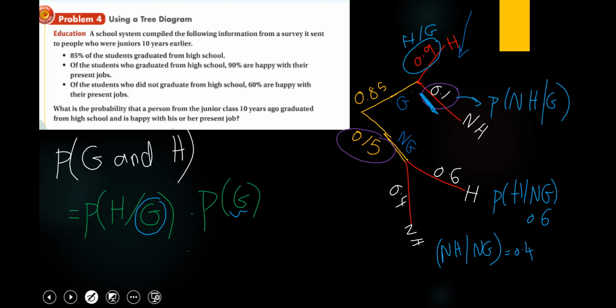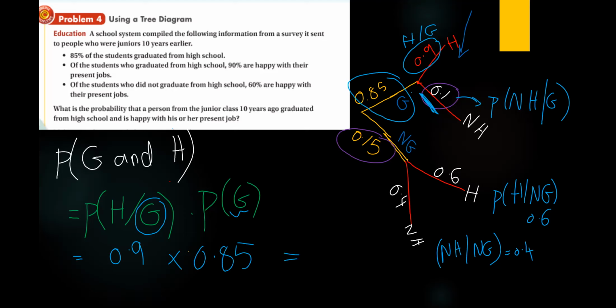Now, from the tree diagram, what is the probability that he's happy given that he's graduated? It is 0.9, times 0.9. What is the probability of the graduated one? 0.85. This shows the probability of graduated, which is 0.85.